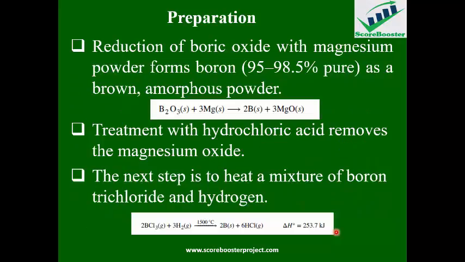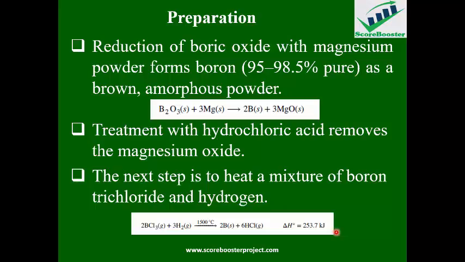During preparation, we said boron does not exist in an elemental state, so it exists as an oxide. If you want to prepare boron from the oxide, the first thing is reduction. During the discussion of metals last lecture, we said metals can act as reducing agents.